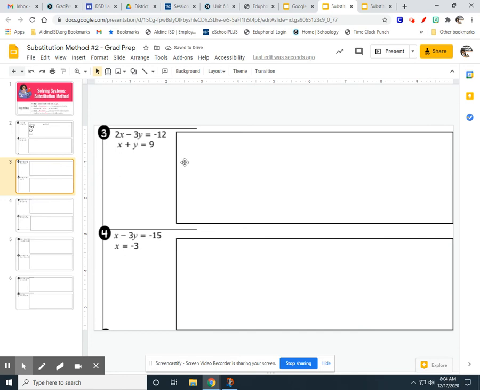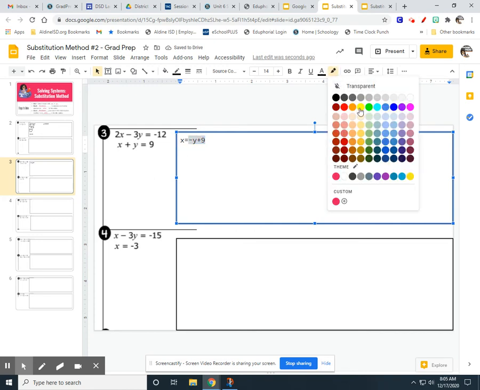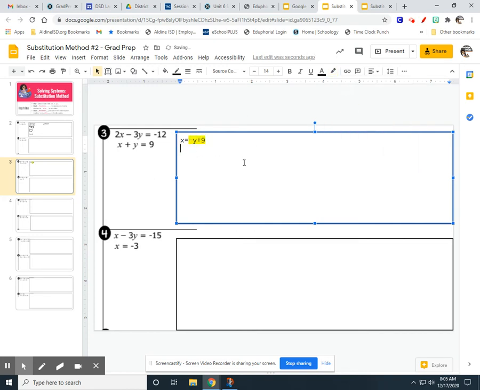Alright, we go over here to number 3. We need to solve one of these for y or x. Now this one's simple. This one's up to you because both of these have just 1. I'm going to do x because we always do y, so let's just say x equals negative y plus 9. We're going to use that highlighted part to plug into x.